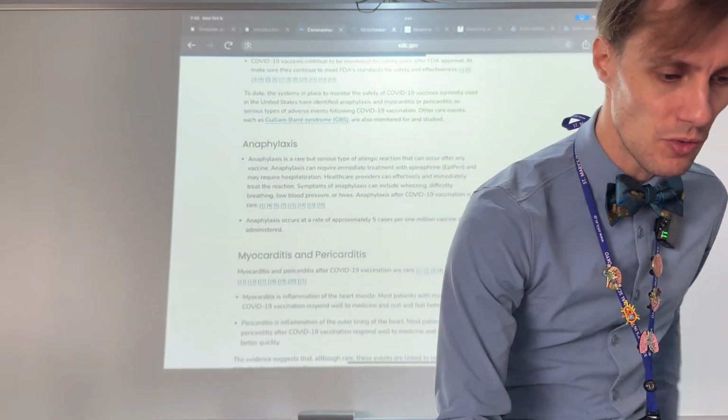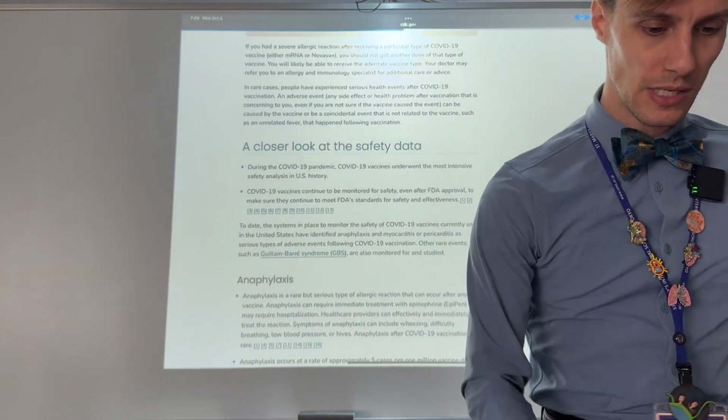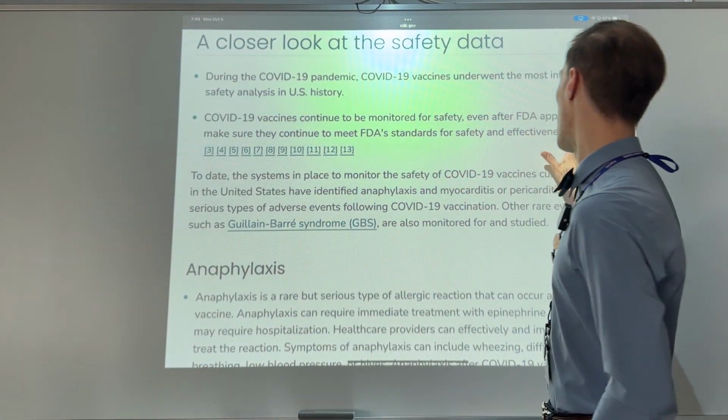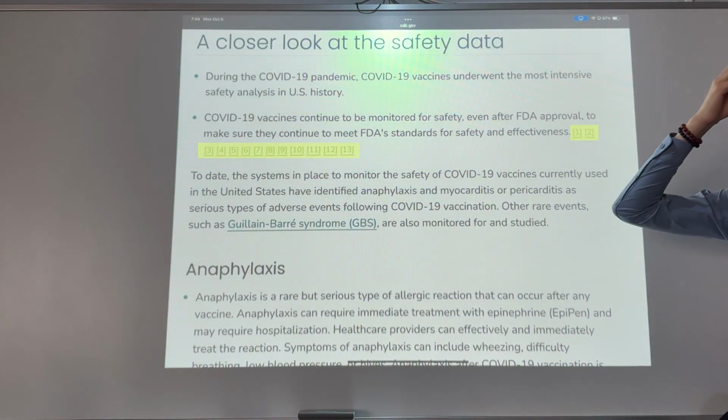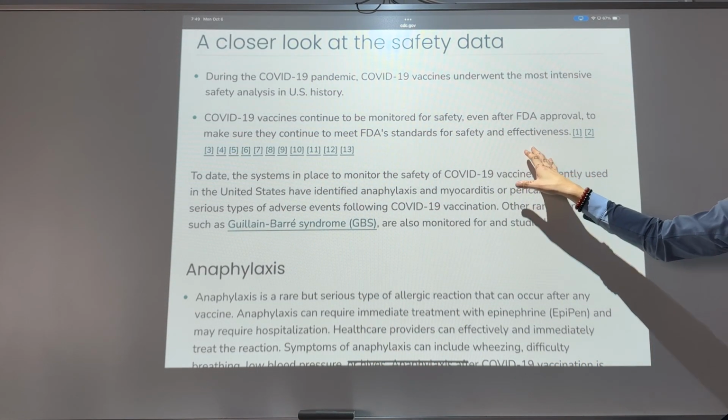However, if you go to the CDC website and we go down to the data, first of all, all of these are linked publications showing the safety and efficacy of this vaccine.